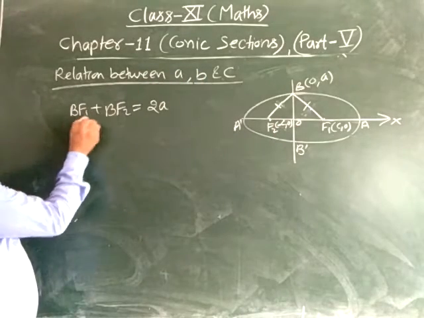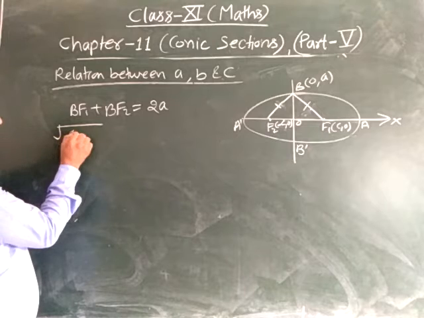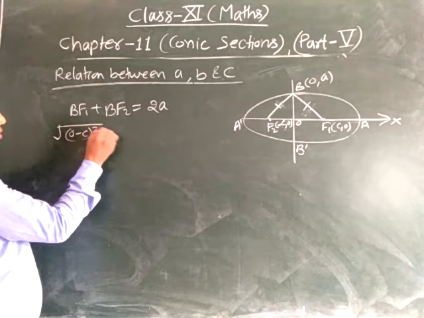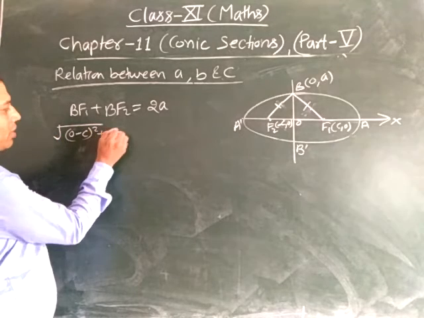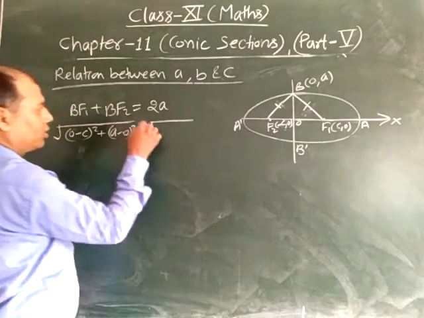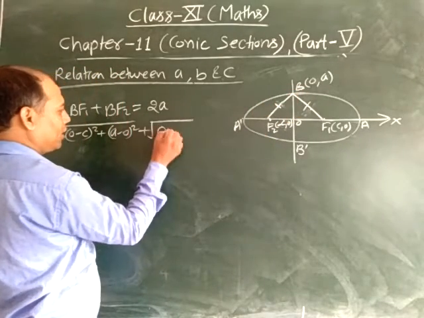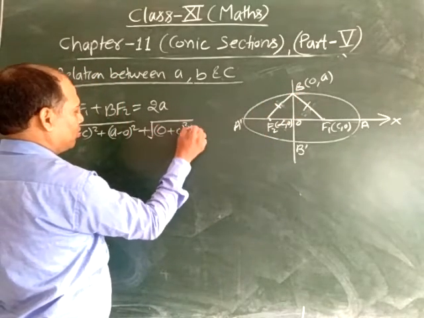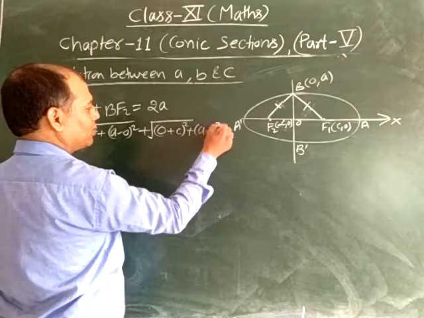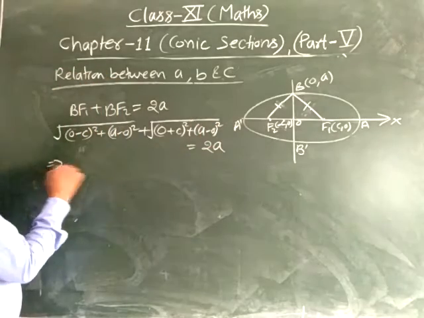Then we can write BF1 by the distance formula: the square root of (0 minus C) square plus (B minus 0) square, plus the square root of (0 plus C) square plus (B minus 0) square, is equal to 2A.